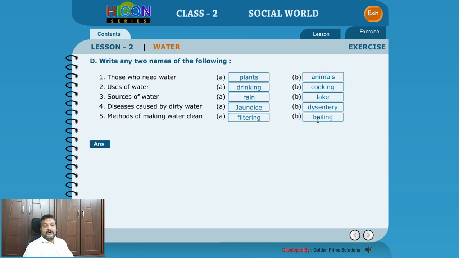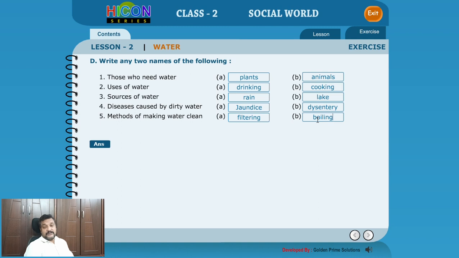Right. So, who are the 2 things that need water? Plants and animals. All plants and all animals need water. The 2 uses of water are drinking, cooking, bathing, washing, any of these. Sources of water, the most important is rain. The other one is a lake, a river, pond, reservoirs, etc. Diseases caused by dirty water.